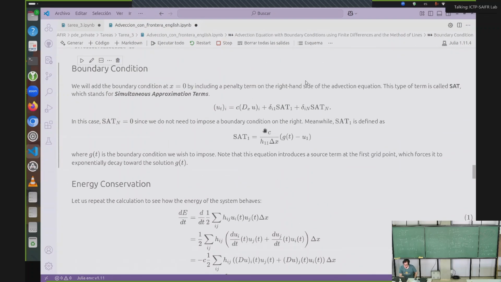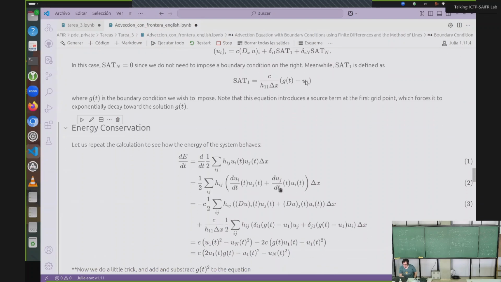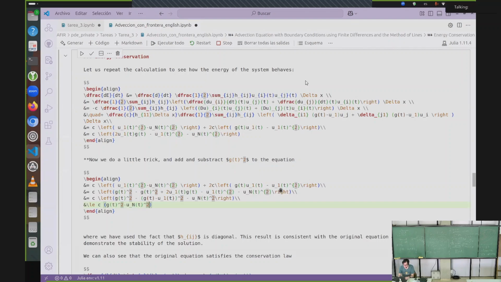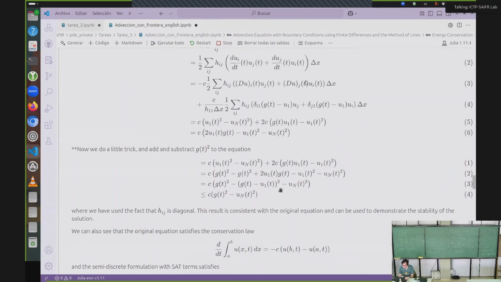And these values here, this C, this H, this delta X, are just there to cancel out the appropriate terms. And we will get this equation here for the energy.